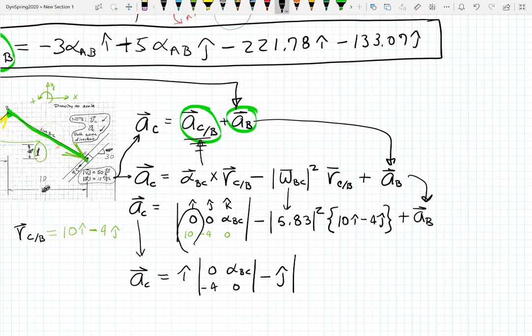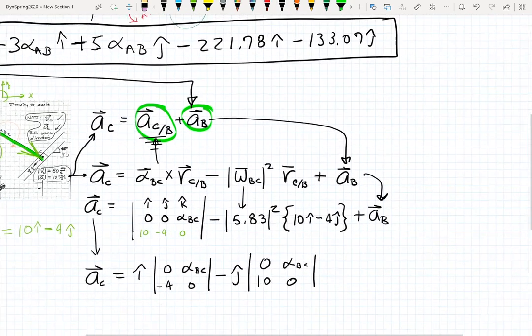Here I'm looking at this one and this one together to give me that: 0 minus, oh, where am I putting minus 10 there for? 10 alpha BC and 0. I'm not even going to write the k because the cofactor component of the determinant is a 0. So I'm going to start dropping that term.